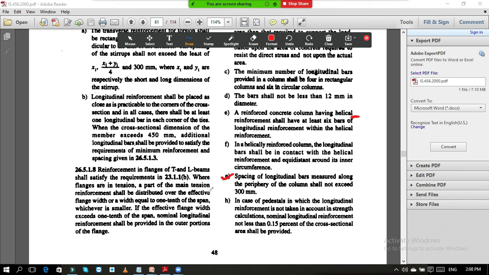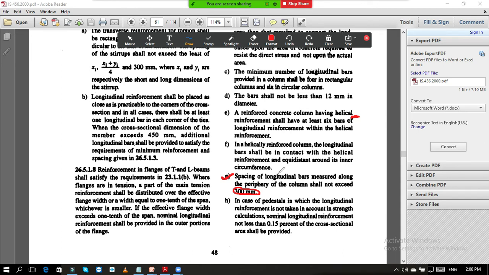Now the spacing of longitudinal bars measured along the periphery of the column shall not exceed 300 mm. This is for the spacing. Generally in columns we calculate the number of bars, normally 4, 6 or 8 bars, in even numbers, placed at equal distances. But still the distance should not exceed 300 mm. That care we should take.